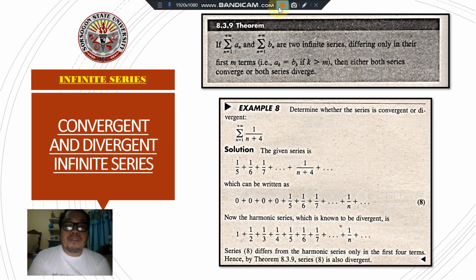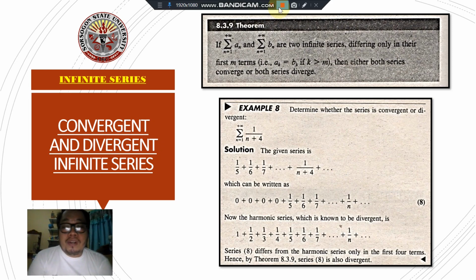So for us to further understand the given theorem, we will have an example in line with such theorem. Here we're going to determine whether the series is convergent or divergent. Given the infinite series, the summation of 1 over n plus 4, where n equals 1 to positive infinity, for its solution, on the first step, the given series is 1/5 plus 1 over 6 plus 1 over 7.